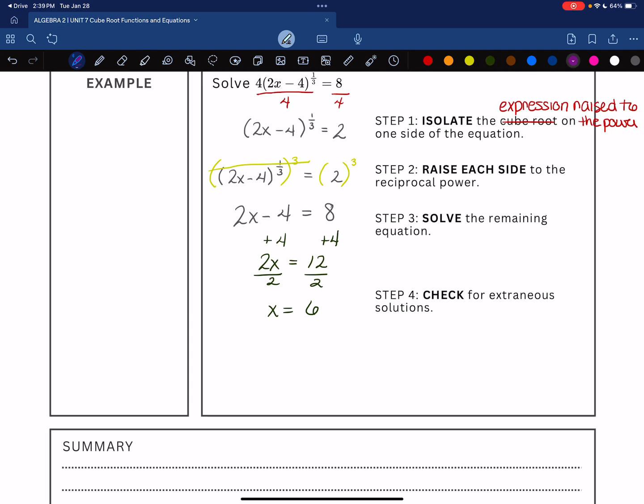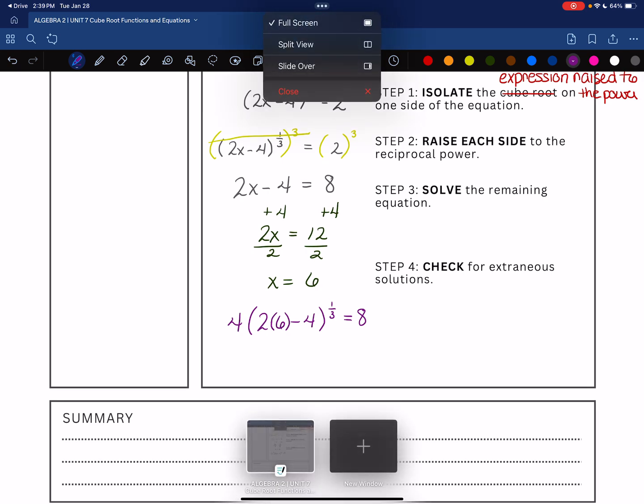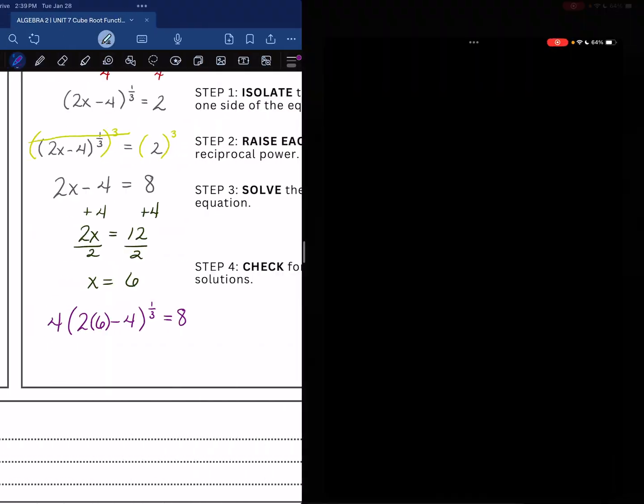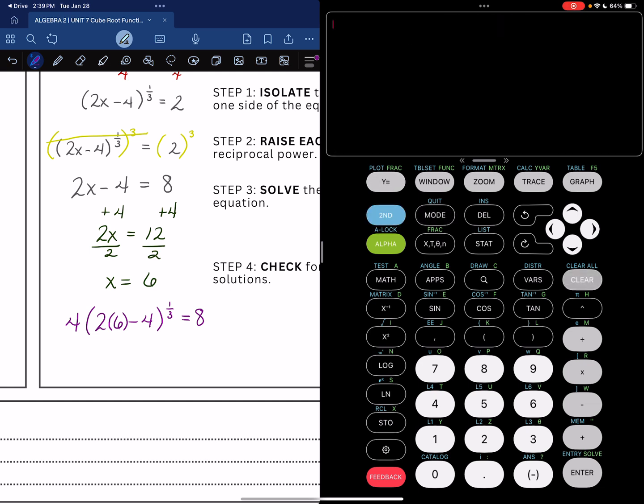Last but not least, let's make sure that we check. If we plug in 6 where the x is, it should equal 8. So let's see what this simplifies to. Let's grab our calculator. We're going to take 4 parentheses 2 multiplying with 6 minus 4, and all of that outside of that parenthesis.